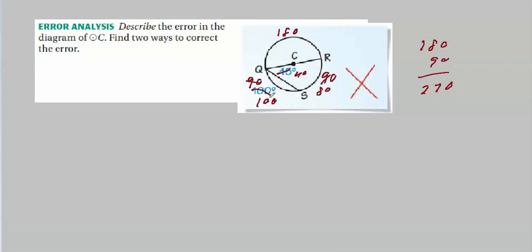So he or she inserted the measure of an inscribed angle in an arc, and they don't go together. One or the other could be right, but they couldn't both be right. That's two ways to correct the error. Here's a third way. Could have just called in sick and stayed home. That's usually when politicians do their best work.